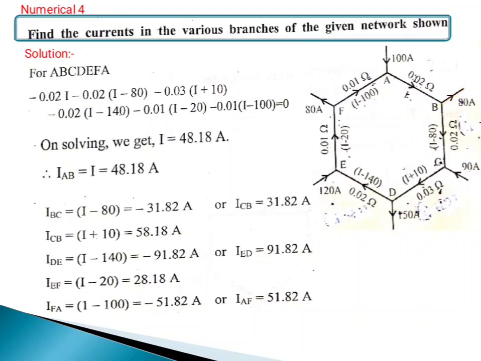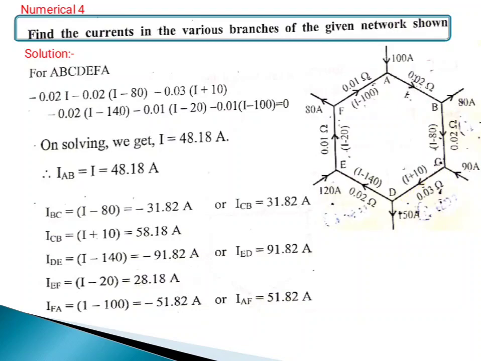If I take the current flowing through this branch as I, then the current is I minus 80, because 80 amps is going out. Now come to this point. 90 amperes is coming in, so it is positive: I minus 80 plus 90, that is I plus 10.